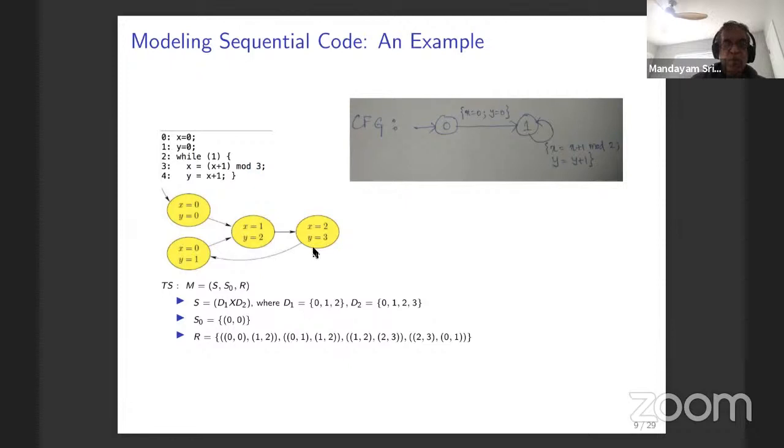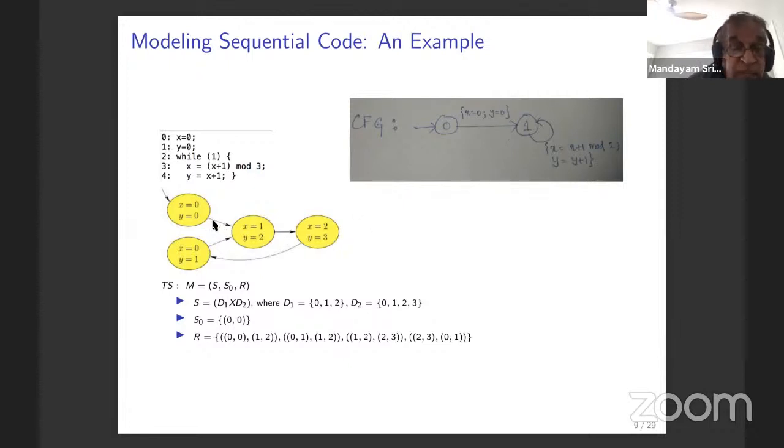If it is 0, 1, your next state will be 1, 2, and so on. Here I've chosen to enumerate it, just to illustrate what a transition system is. So this is one way of modeling, which corresponds to, I would say, the control flow graph as shown here.